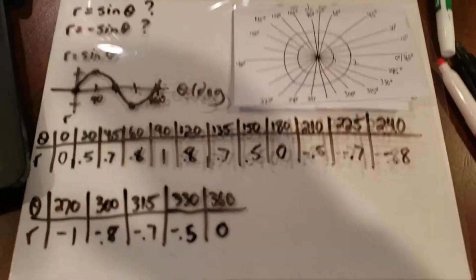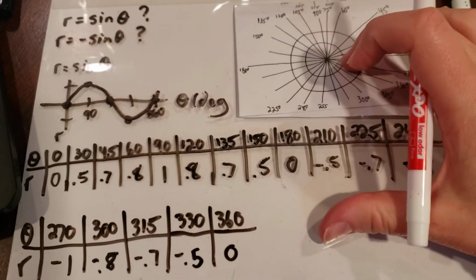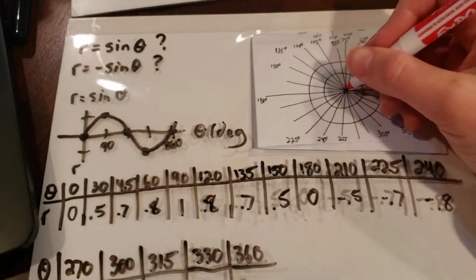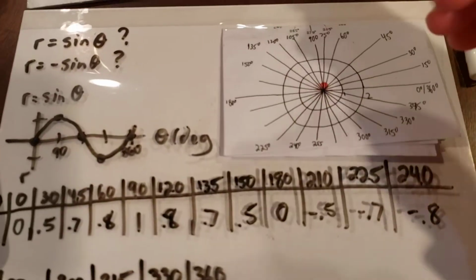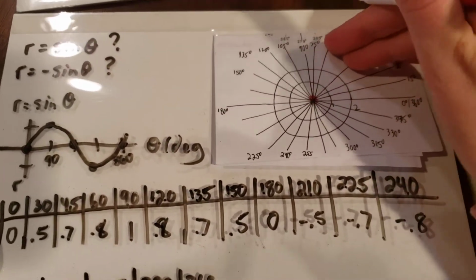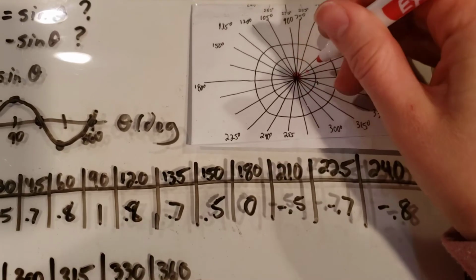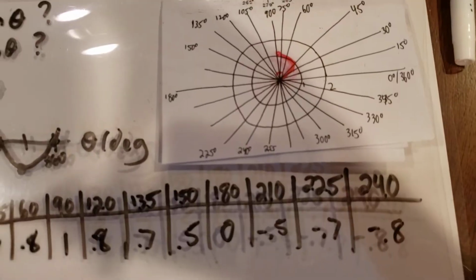Okay, so let's get this onto the polar plane. When theta is 0, r is 0, so we're at the origin there. R is 0.5 when theta is 30 degrees, so that's going to be right about here, and I'm going to go all the way to 90 degrees.